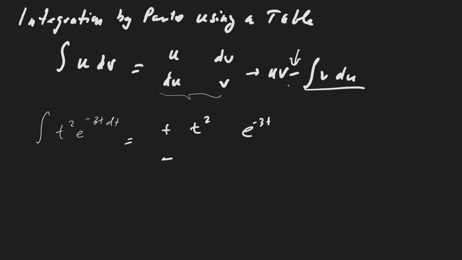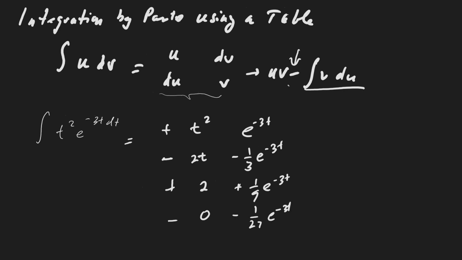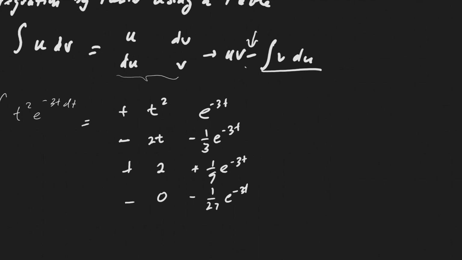So then I'll have a minus 2t, minus 1, I'm anti-differentiating here, and then I'm differentiating here, anti-differentiating here, and then last one, good.